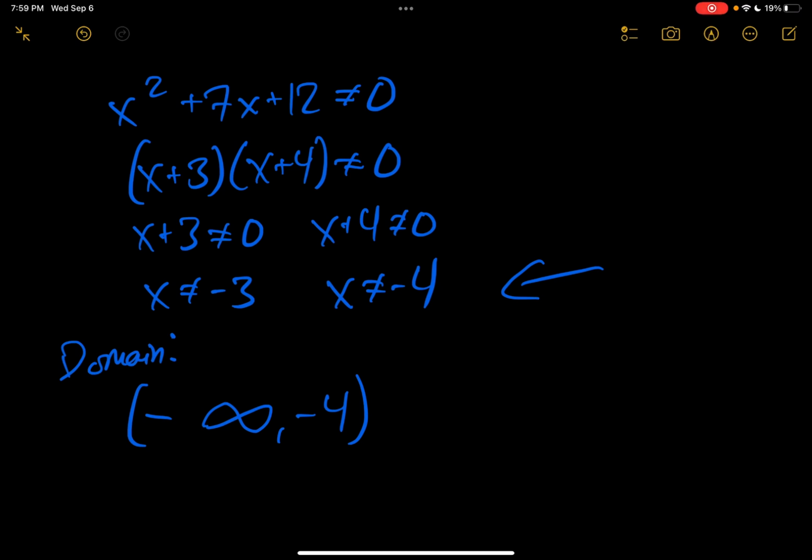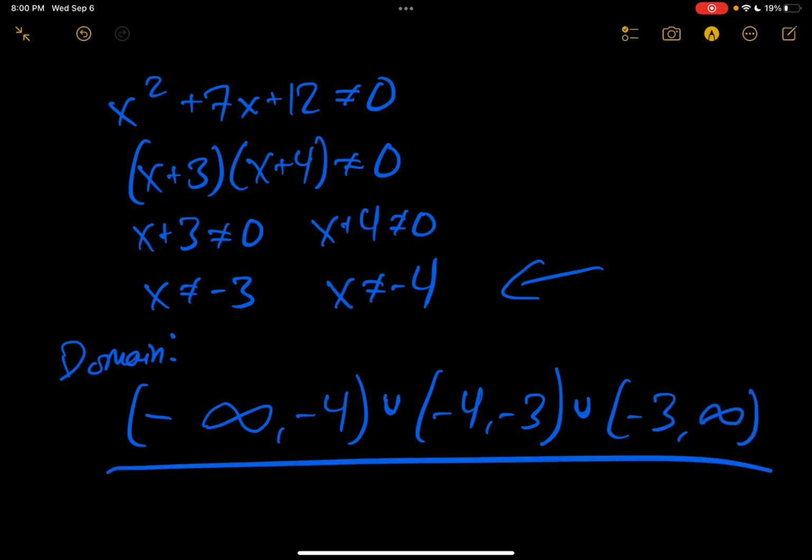Then I can have every value in between negative 4 and negative 3. So that is in union with negative 4 to negative 3. Again, parentheses because it can't be included. And then I can have everything larger than negative 3, greater than. So in union with negative 3 all the way up to positive infinity. That would be my domain of that function.